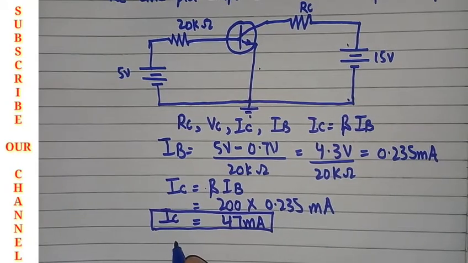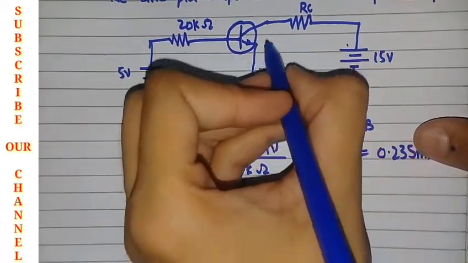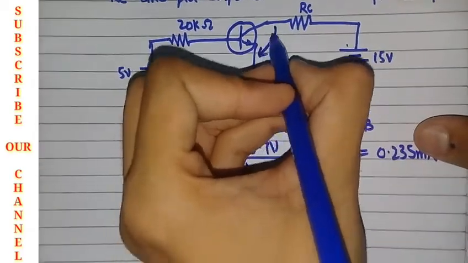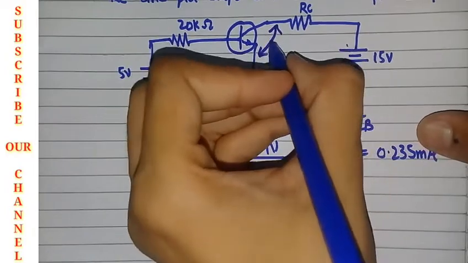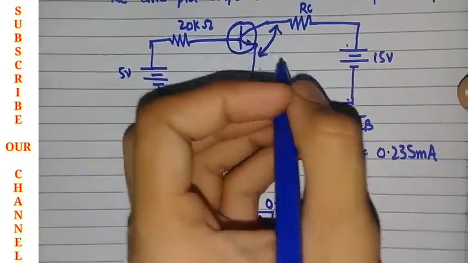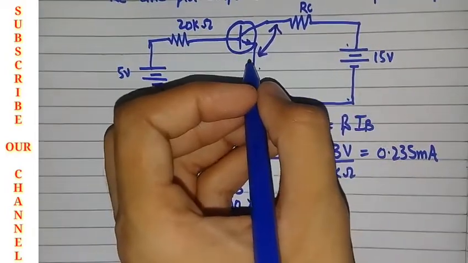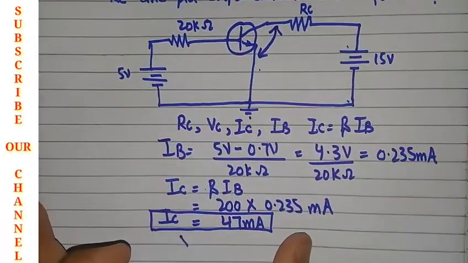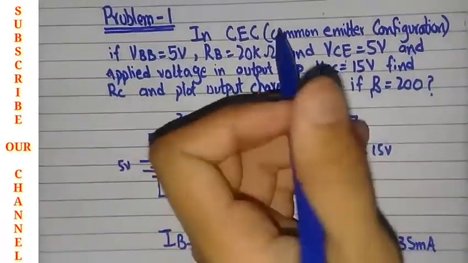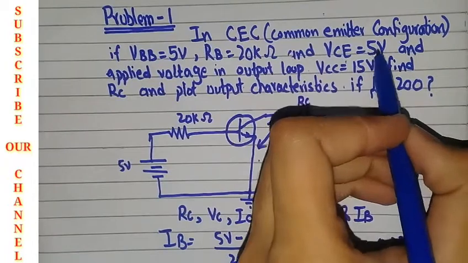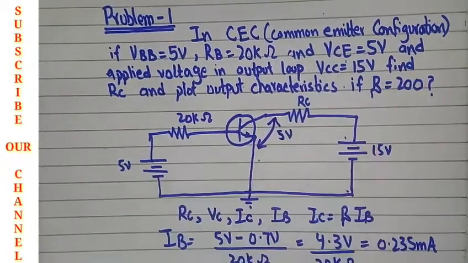Now you will have to find VC. There is a junction present which I missed. This junction is the VCE junction, and this value is present because the collector emitter junction is given as 5 volts, so 5 volts will be over there.